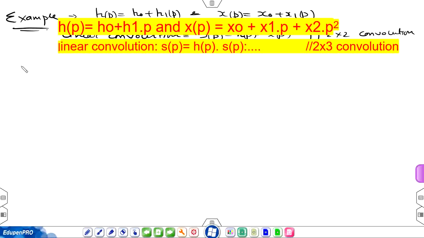So now we have to implement it using Winograd algorithm. So the problem is, implement it using Winograd algorithm.